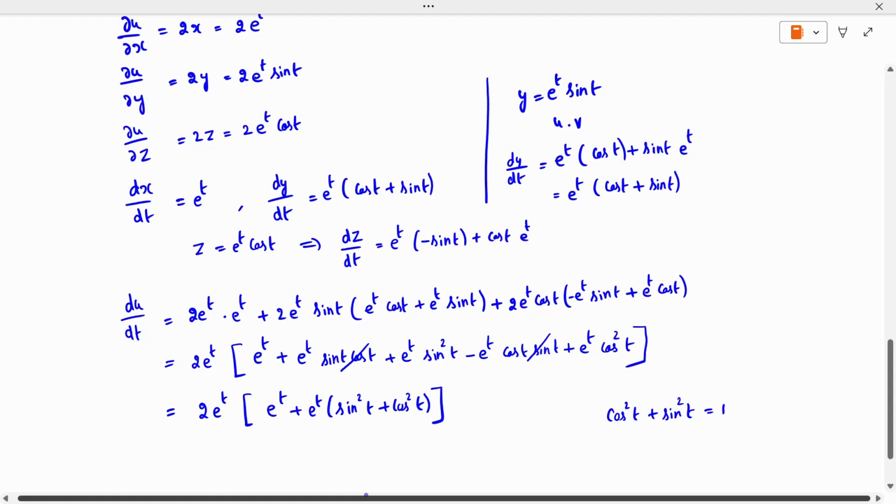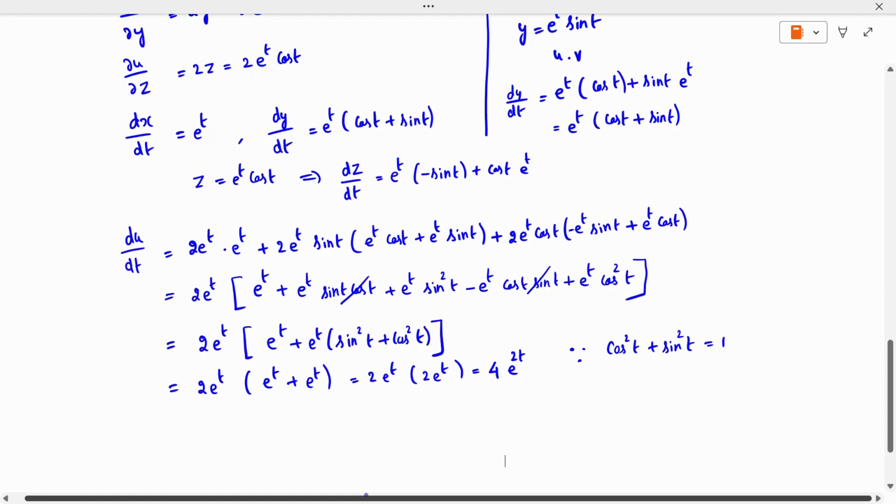So it is 2 into e to the power t, into e to the power t plus e to the power t, which is 2 times. So 2 into e to the power t into 2 e to the power t is 4 e to the power 2t. The final answer is 4 e to the power 2t.